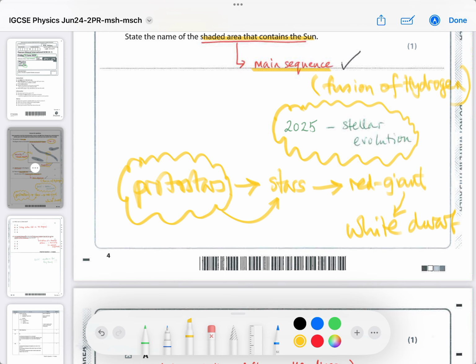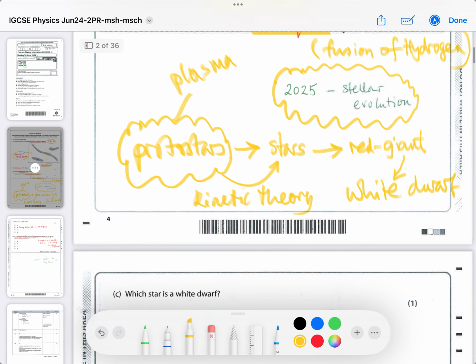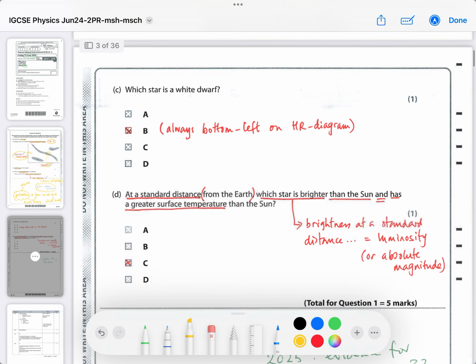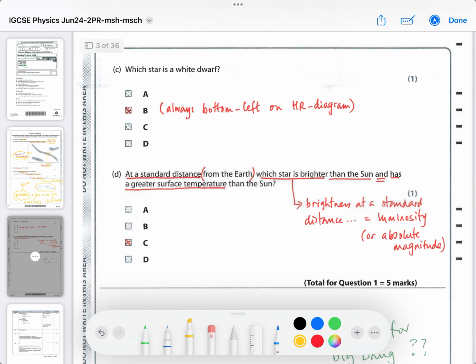And that could be linked with the kinetic theory from the pressure section, Unit 5, solids, liquids, and gases, because protostars are made of plasma, and the density increases, and eventually that makes a pressure increase, which increases temperature, and then you've got a critical temperature to create nuclear fusion. And we're talking about tens of millions of degrees in the core of the sun. So they could link astrophysics with the kinetic theory of gases.